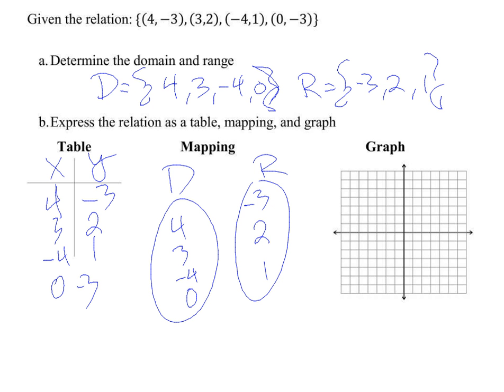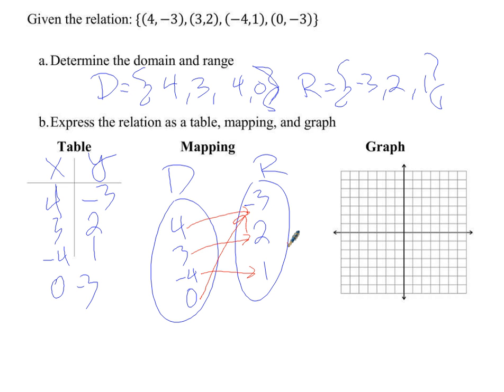I like changing colors. So 4, 2. Good. 3, 2. Okay. -4, 2. And? Good. It's okay to have your arrows crossed in this mapping diagram. Don't be afraid to cross them. Don't draw your arrow way around here. You don't have to do that. Just straight arrows through this little area here.